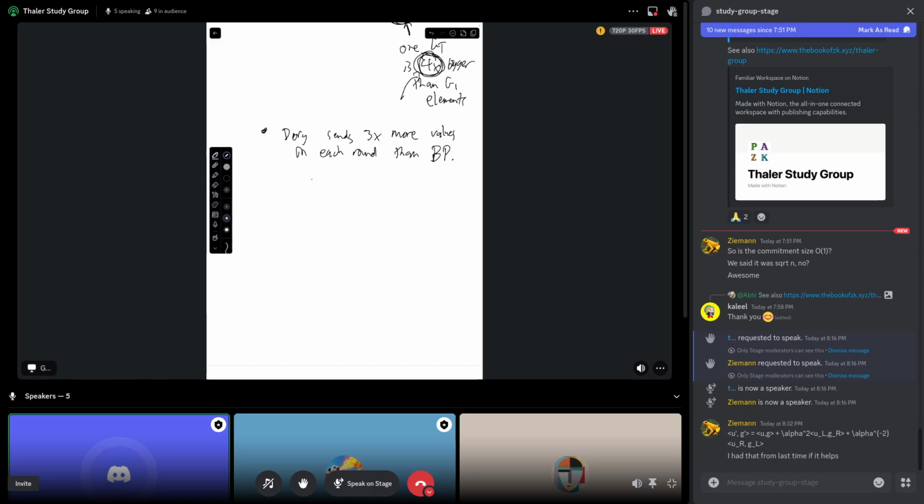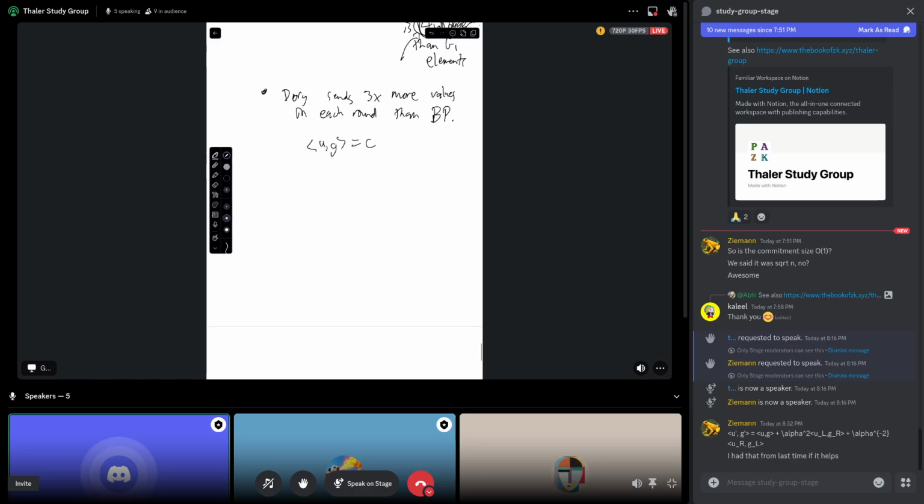In Dory, if you started with the claim that I know a U such that U inner product G equals some value, I said the way Dory works is you turn that into an equivalent claim that U prime inner product G prime equals some other value. But there's this extra issue, which is in Dory, the verifier only knows a commitment to G prime, an AFGO commitment to G prime.